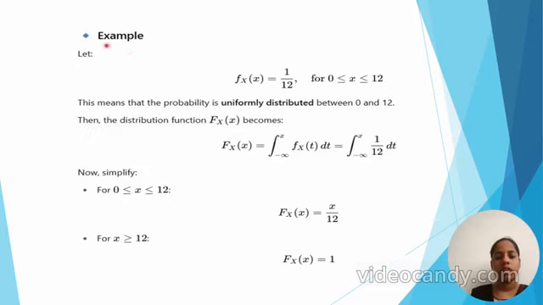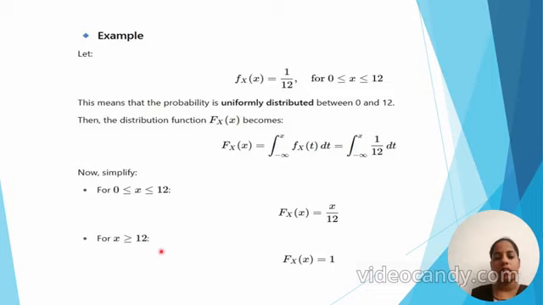Next, this is an example for the continuous probability distribution function, where f_X of x equals 1 by 12 for 0 less than or equal to x less than or equal to 12. This means the probability is uniformly distributed between 0 and 12. Then the distribution function F_X of x becomes the integral from minus infinity to x of f_X of t dt, that is, the integral of 1 by 12 dt. For 0 less than or equal to x less than or equal to 12, it is equal to x by 12.